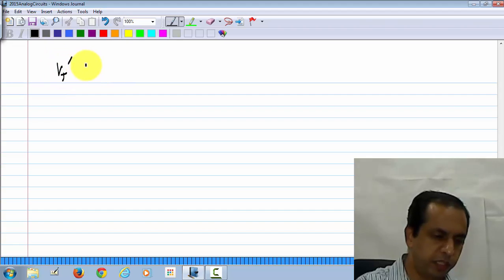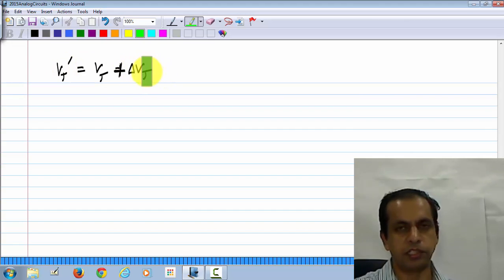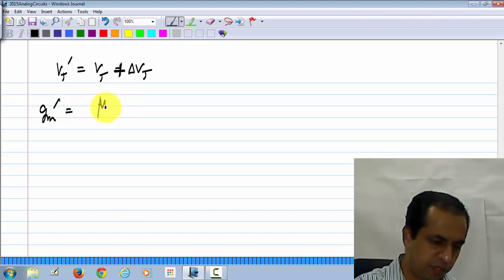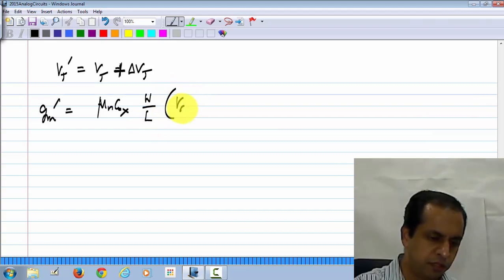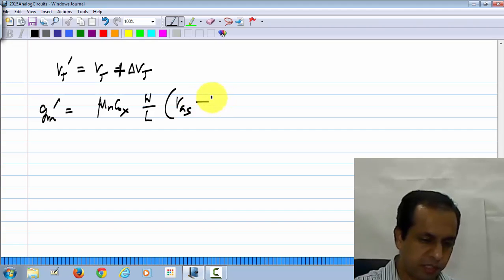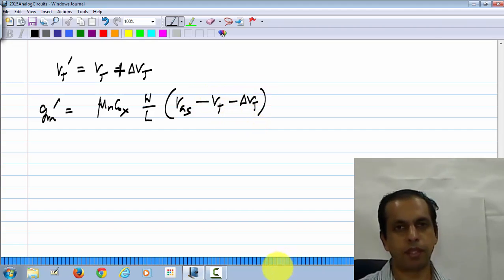So if VT changes by some delta VT, that is, we originally had this value of VT and it becomes VT prime and the difference is delta VT, then GM prime would be mu n Cox W by L times VGS, which is fixed, minus VT minus delta VT.